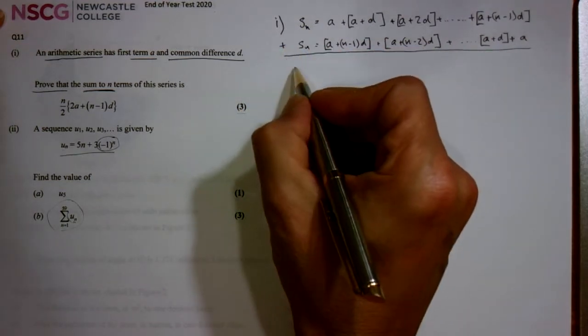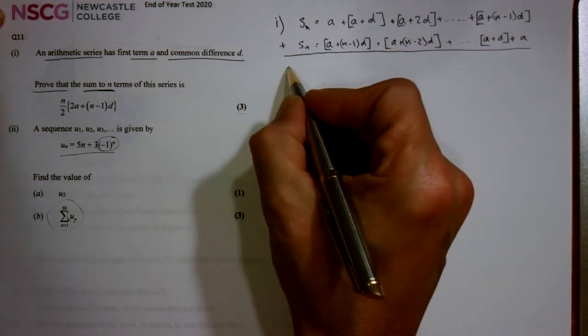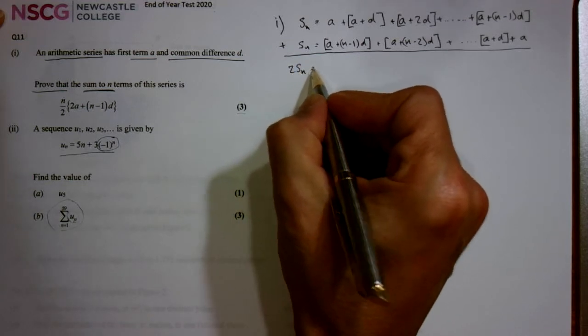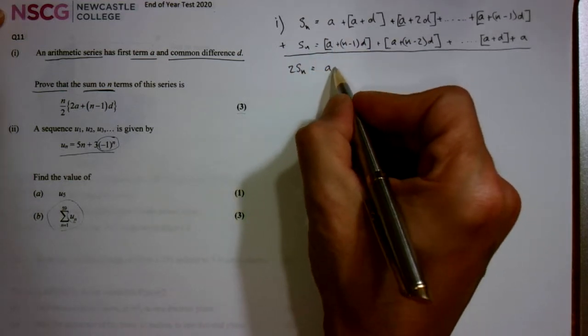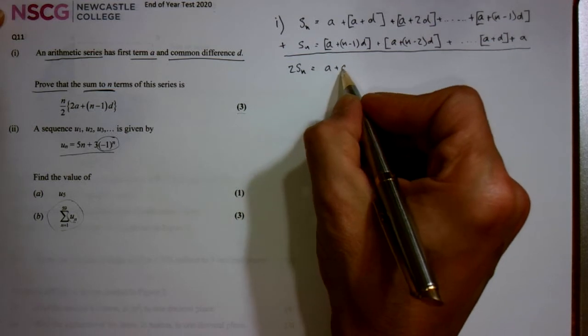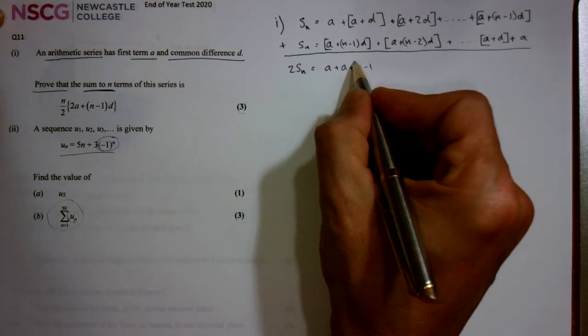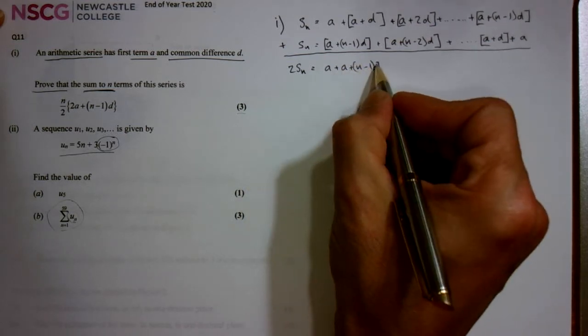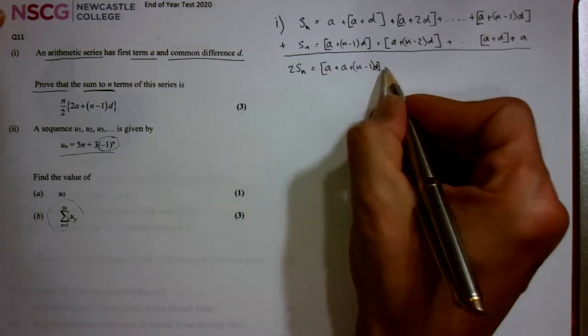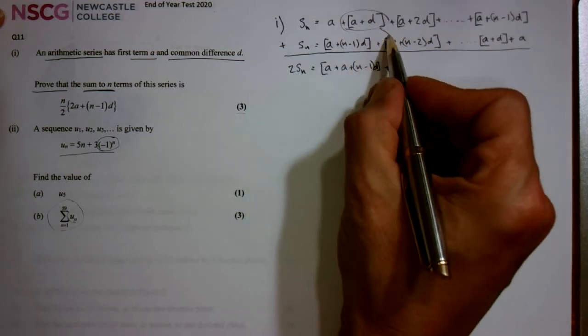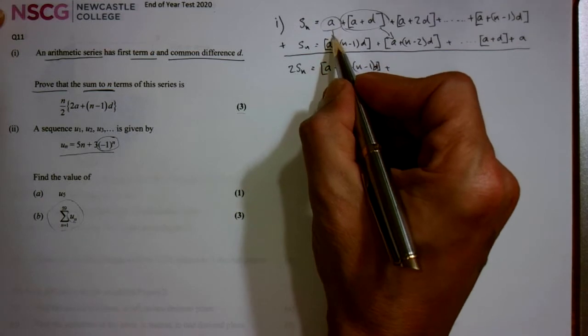And if we add Sn and another Sn, we've got 2 of them, that's equal to our first term plus our last term, which is a plus n minus 1 lots of d. Then we've got this term plus that term, so I've added those 2 terms up.